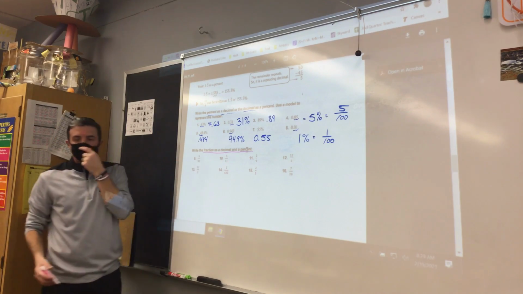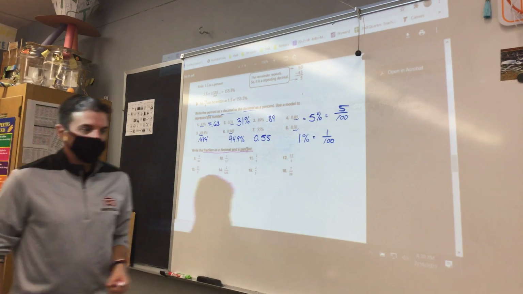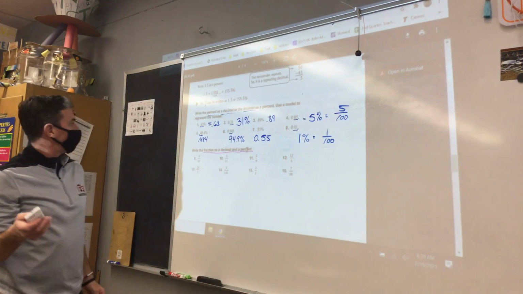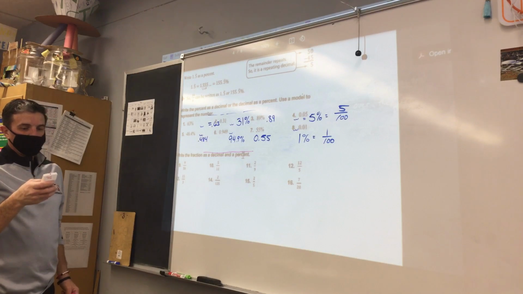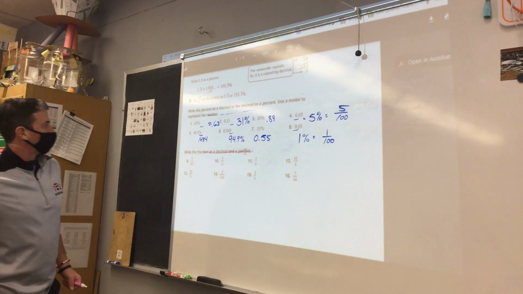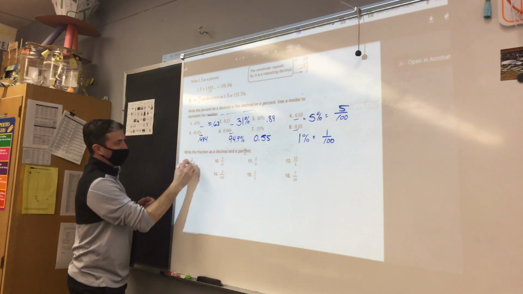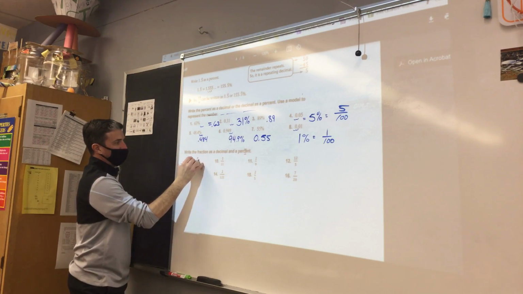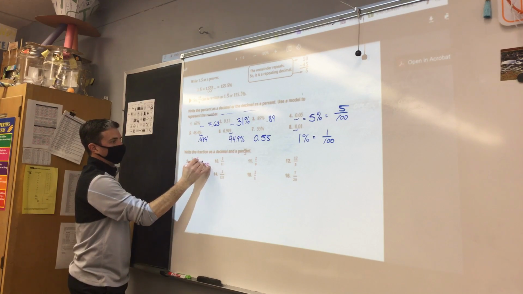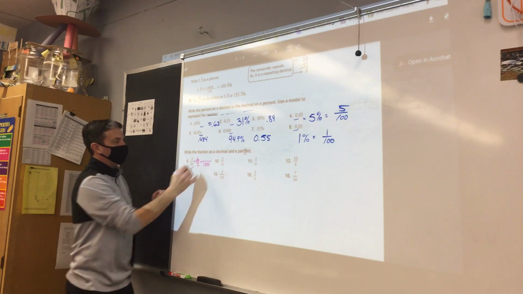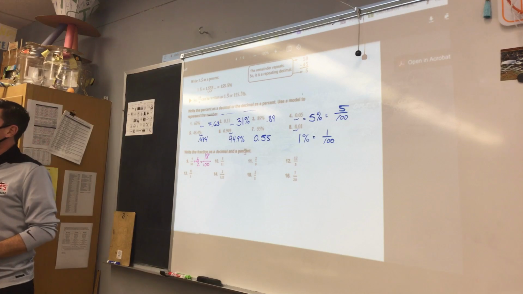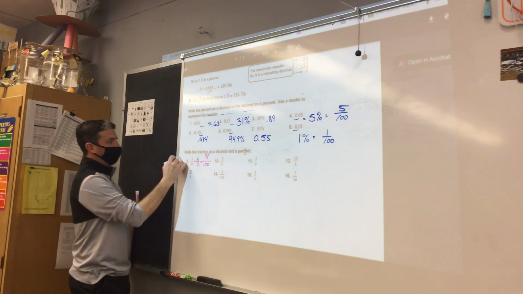How are we going to get 9/50ths to that? So you're going to multiply by 2. So now you have what over 100? 18. How do you write 18 over 100 as a percent? 18%.